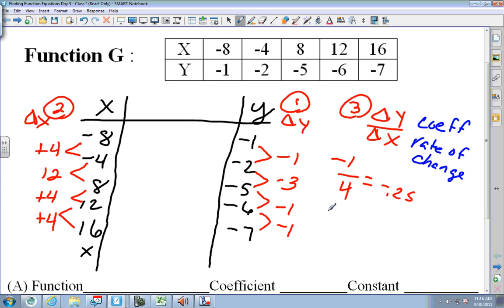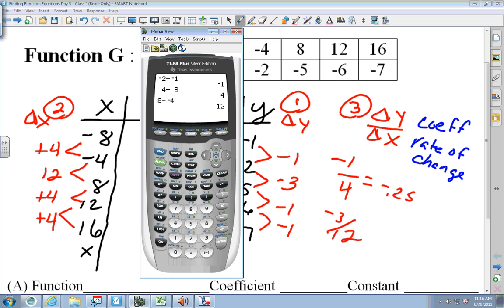The next one here, I've got -3. That's delta y over delta x, which is 12. -3 over 12. Now, remember in the calculator, if I put -3 divide 12, and I want to reduce this fraction, I can see this math button right here underneath alpha. Press math, enter, enter. Look right there, it reduced it to the fraction.